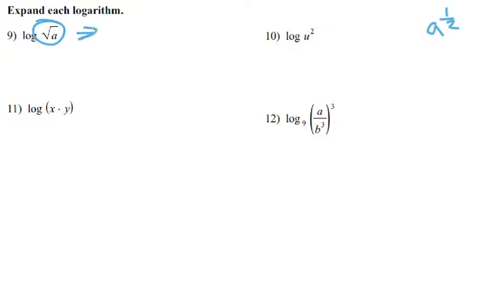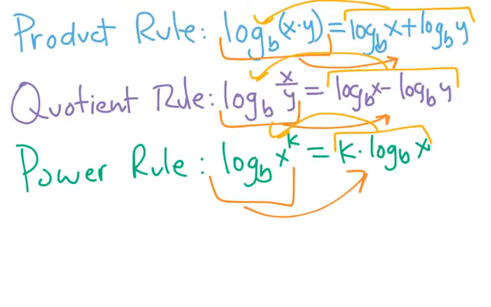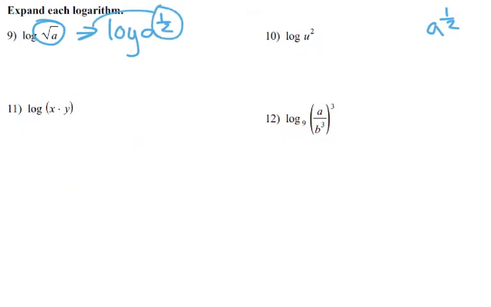So really that's log base 10. Also remember, if there's no number right here, we assume it's 10. So of a to the 1/2, so we use the power rule and just bring that down in front. So it becomes 1/2 times log base 10 of a.